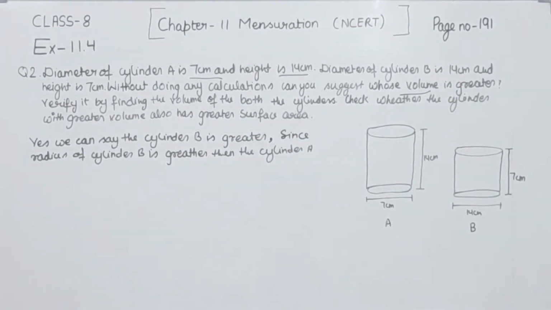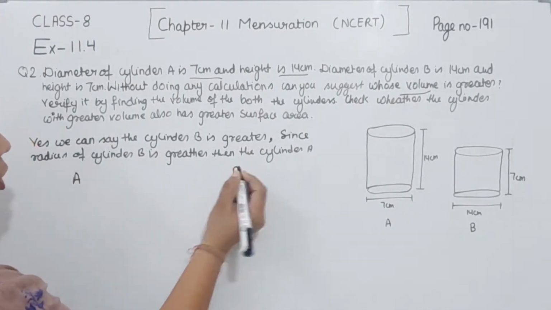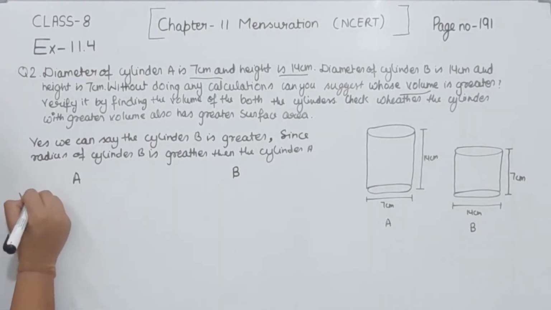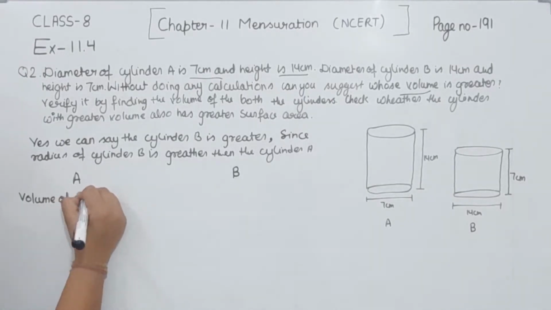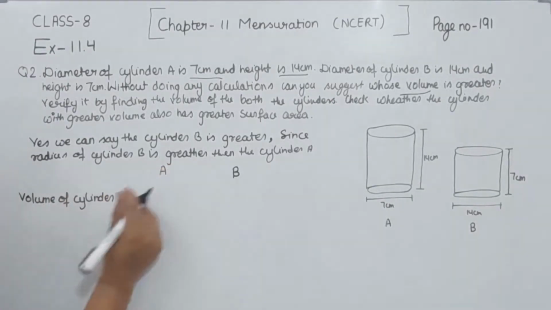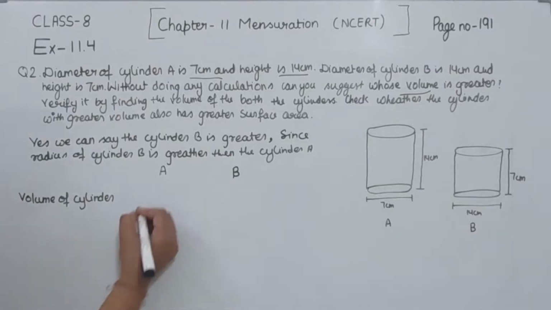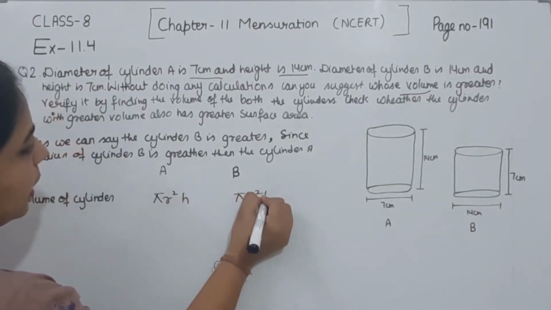Now for the second one we have to find the volume of both the cylinders. Here we are going to find the volume of A and here the volume of B. So I'm going to write volume of cylinder. The formula for the cylinder is pi r square h.